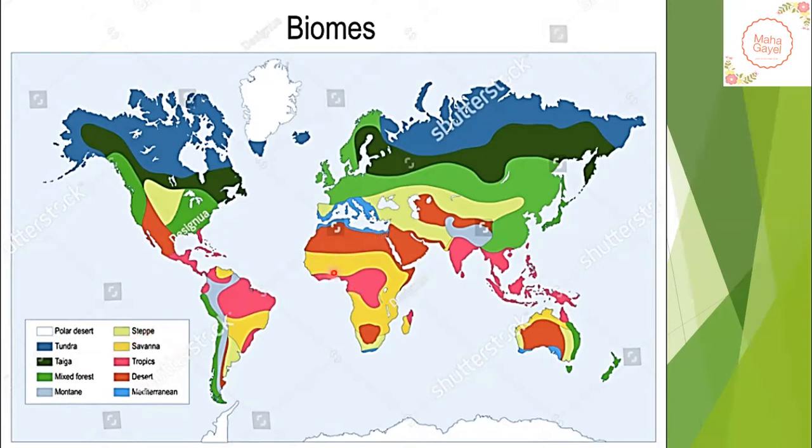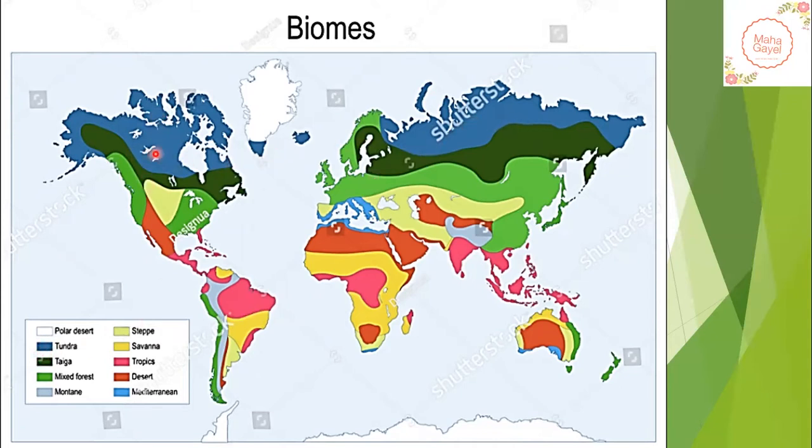The yellow is the savanna regions, where we can find acacia trees, giraffes, lions, etc. What about the pink? The pink is tropical areas. You remember the equator? The area of the rainforest, wet and warm rainforests. The dark blue is the tundra regions.